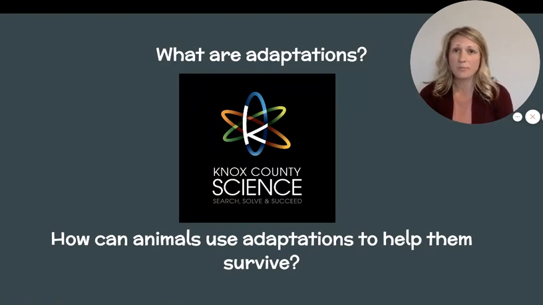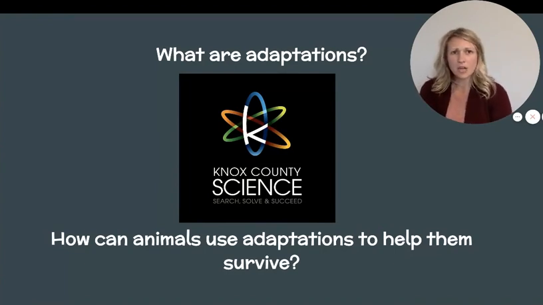For example, bees live in groups or colonies in order to survive. Another example is that butterflies can mimic other butterflies in order to be able to survive. There are many different types of adaptations, but remember, an adaptation is a structure or behavior that helps an animal or organism to survive in its environment.